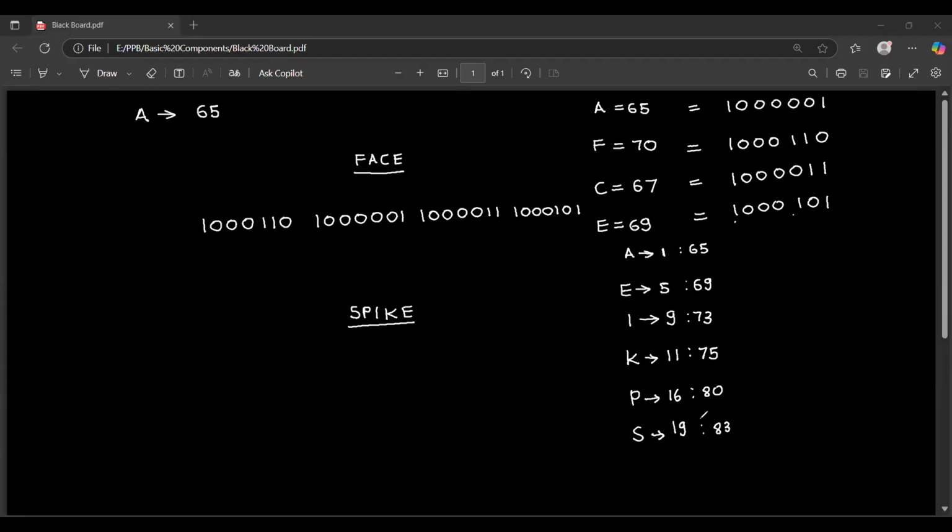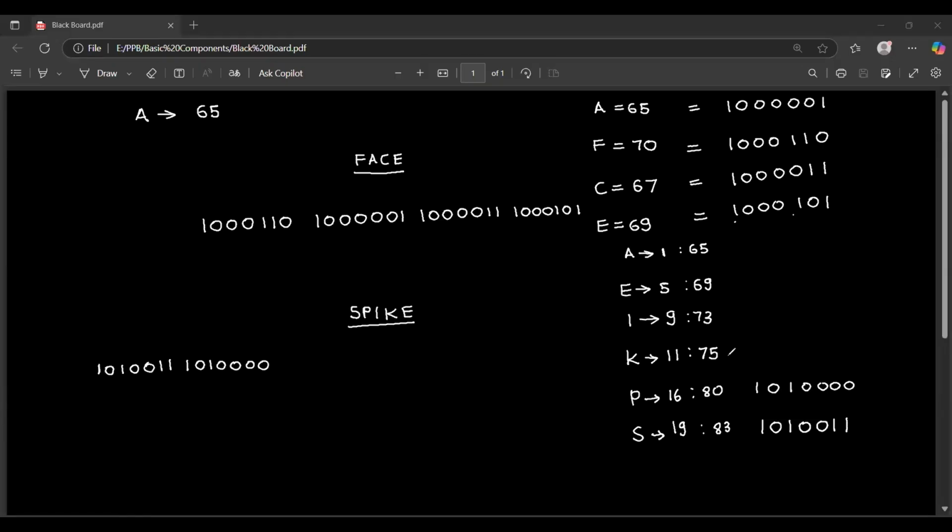So first of all, you have to write down S. What is S? It is 83, which is 64, 16, 2, and 1, so you write down 1010011. And for P, it is 80, so it will be 1010000.